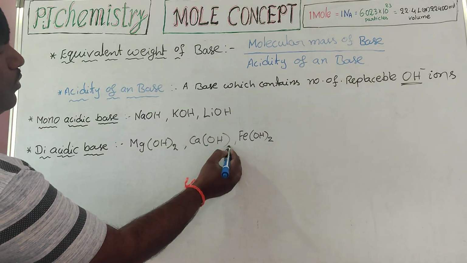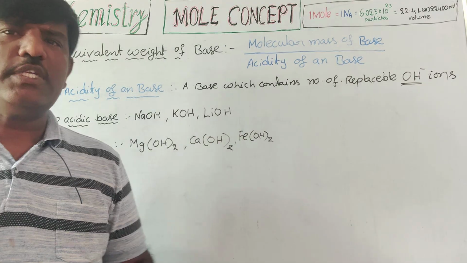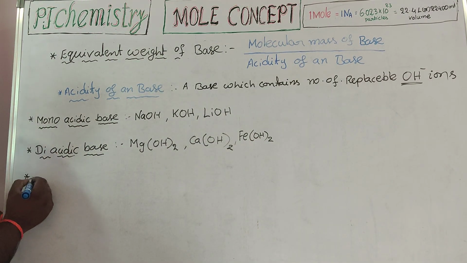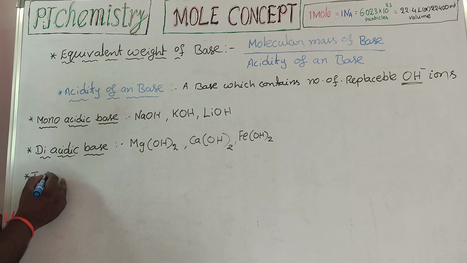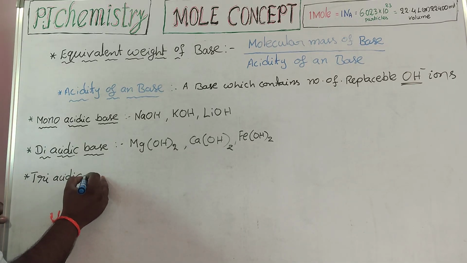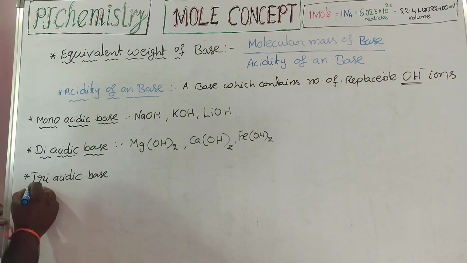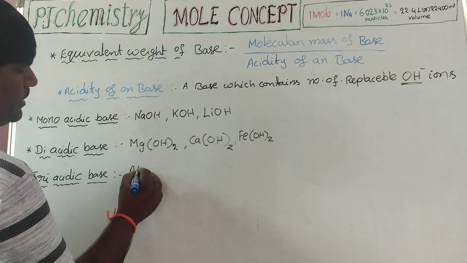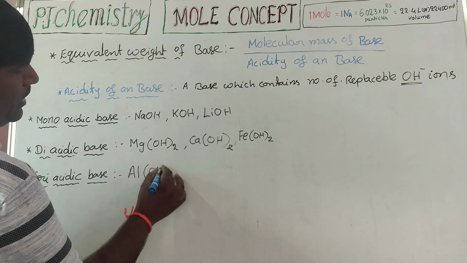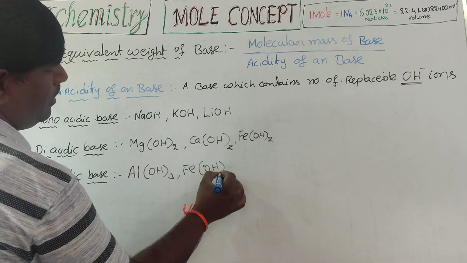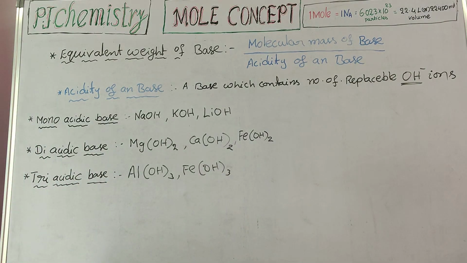If two OHs are there, that is a diacidic base. Next one, obviously you understood now, triacidic base. It has three OHs, that is what we call a triacidic base. Aluminium hydroxide, ferric hydroxide, like this, three OHs means we call it a triacidic base.